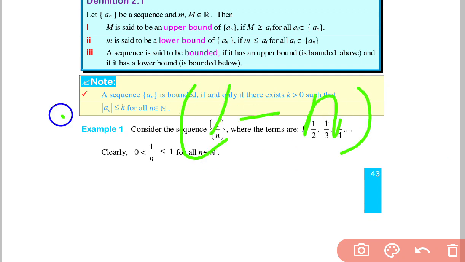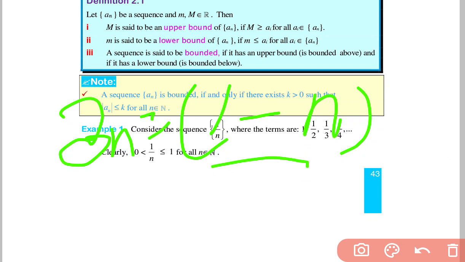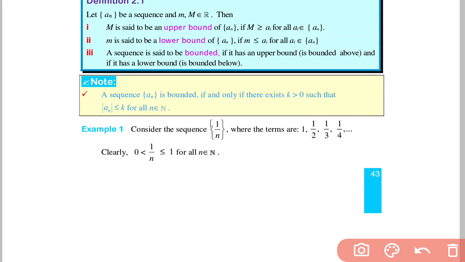It is the formula of our general term of the sequence. When n is 1, we get 1 minus 1, which is 0. When n is 2, we get minus 1. When n is 3, we get minus 2. When n is 4, we get minus 3. It goes on like this up to negative infinity.